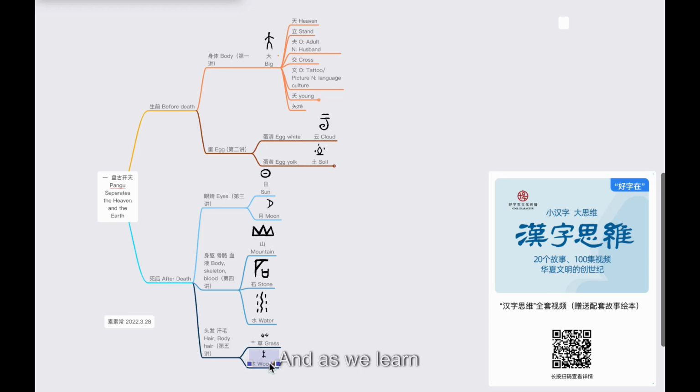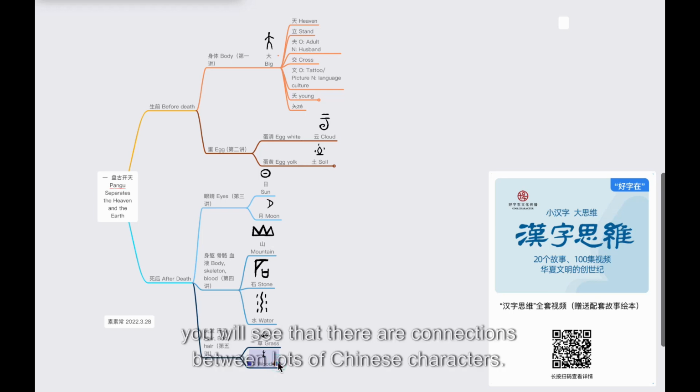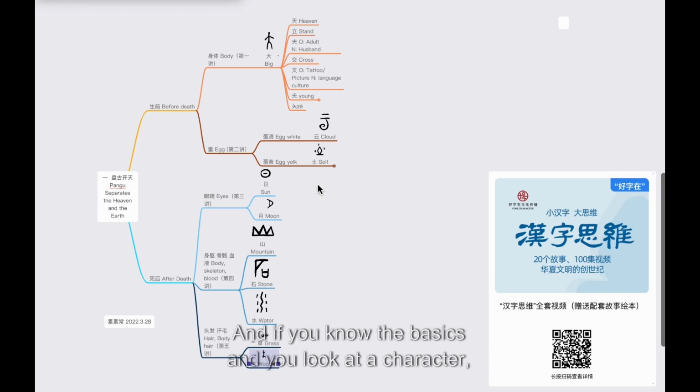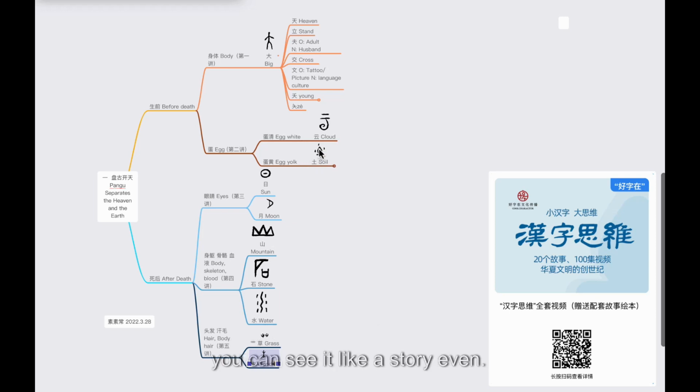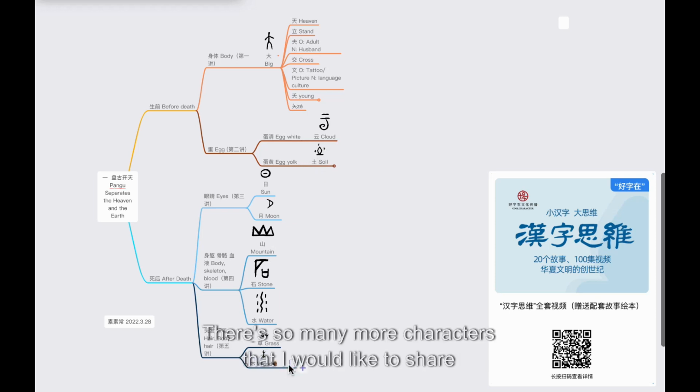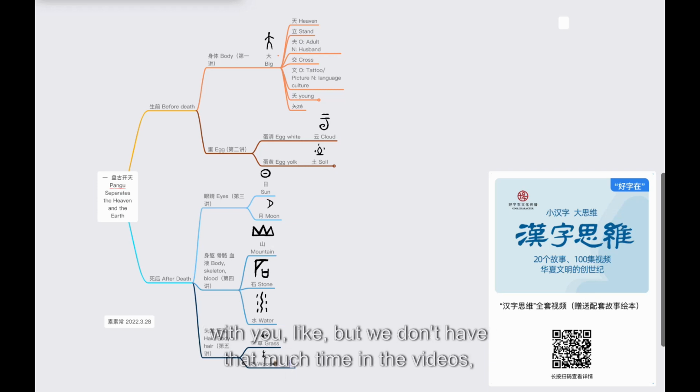And as we learn, you will see that there are connections between lots of Chinese characters. If you know the basics and you look at a character, you can see it like a story even. There are so many more characters that I would like to share with you, but we don't have that much time in the videos.